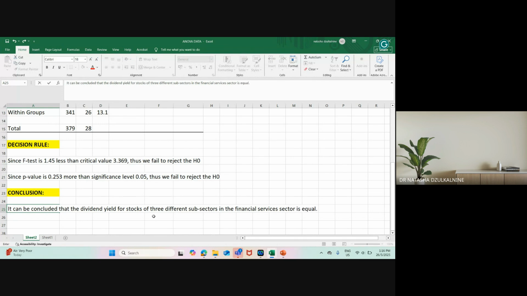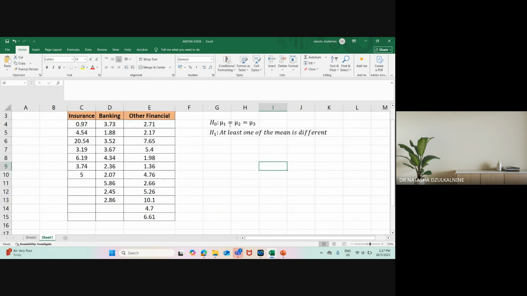Since we fail to reject, the mu for all these three sectors is the same, the dividend yield for all three is the same.